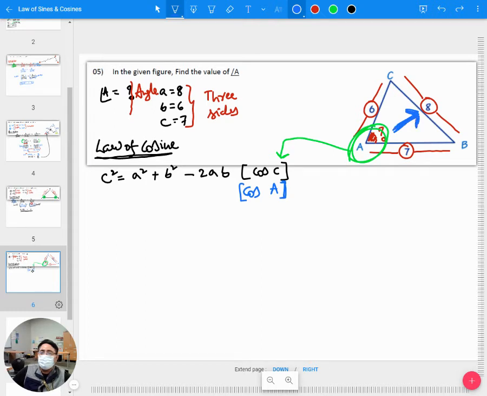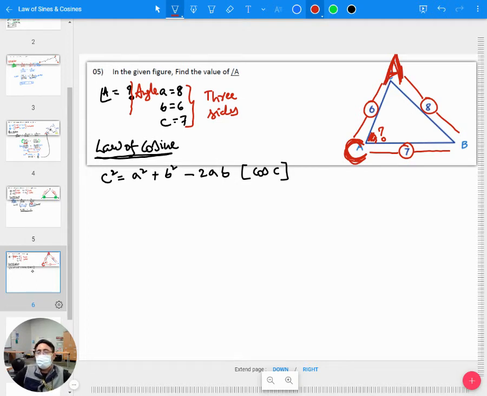Therefore, I have to take this side. This is one way of solving, or else you may rename the given figure. Let me make this as C here, and let me make this one as A. That solves our problem. This way also you can do it.